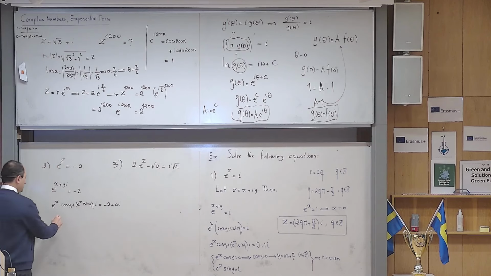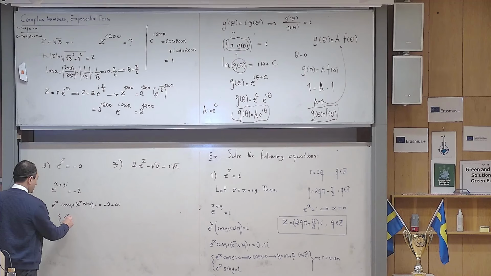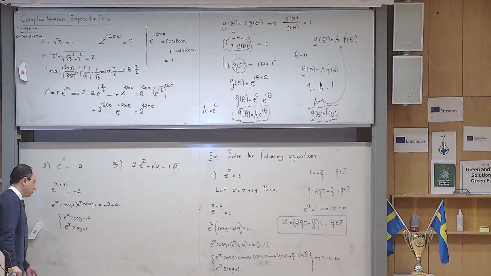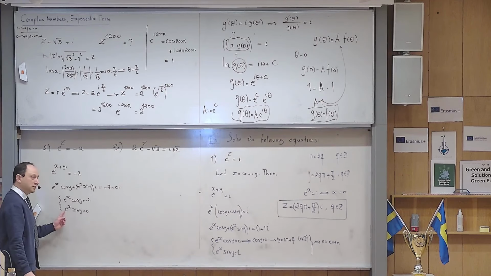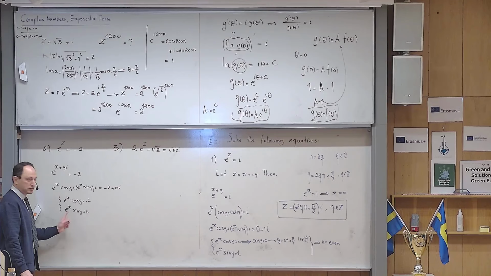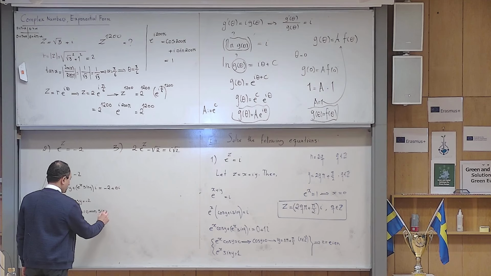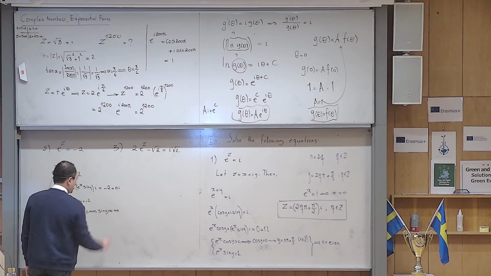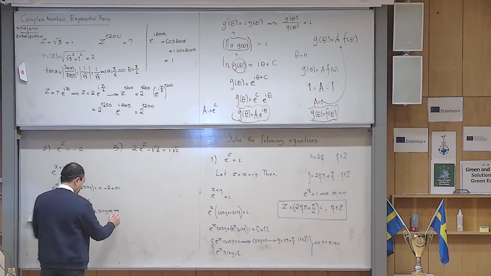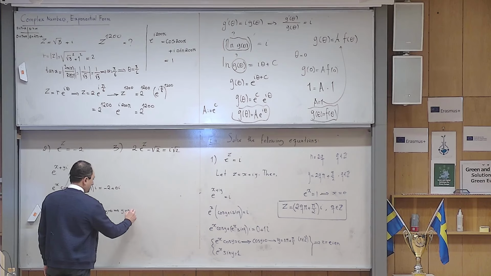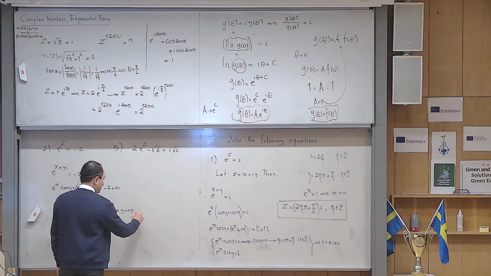And then I get immediately a system. e to power x cosine y equals negative 2. e to power x sine y equals 0. And I hope that you agree, sine has to be 0 because e to power x cannot be 0. So this means that sine of y is equal to 0. What can I say about y? Up to here, without looking at the other equation, I have to write n pi, yes, where n is an integer.